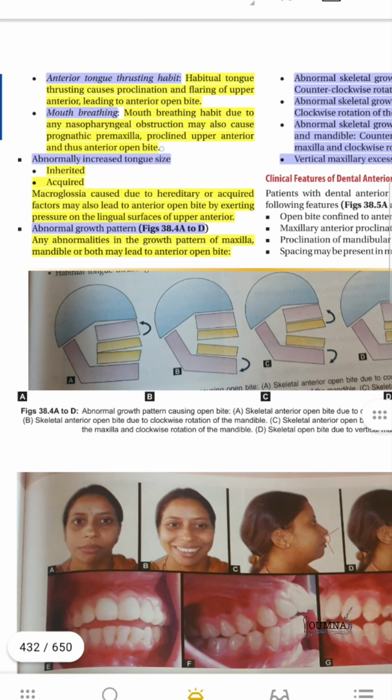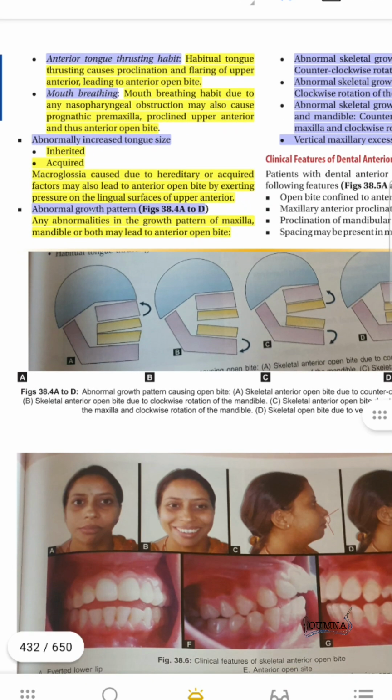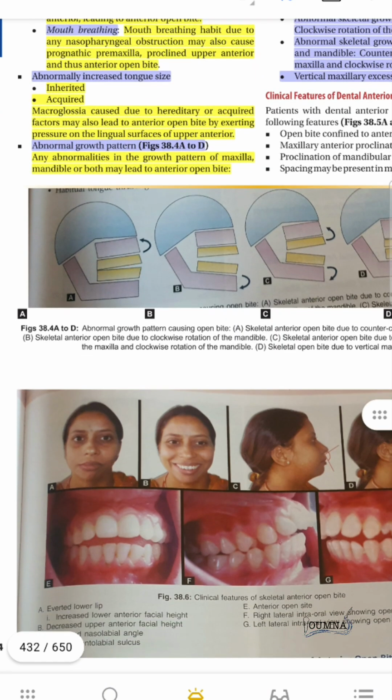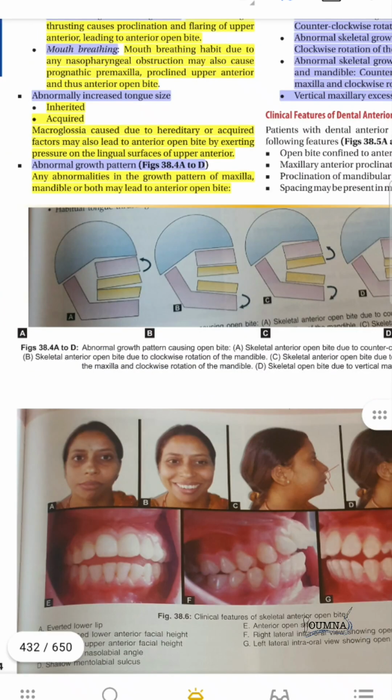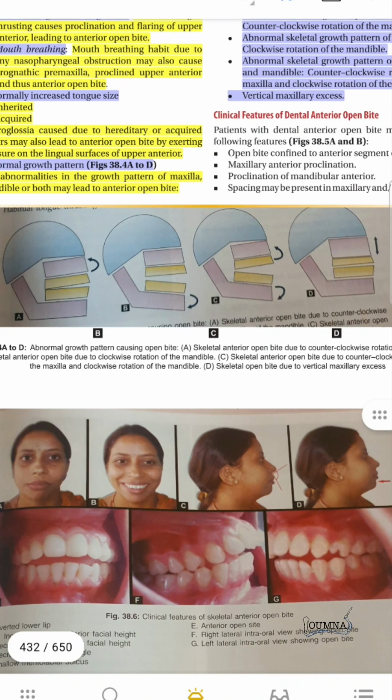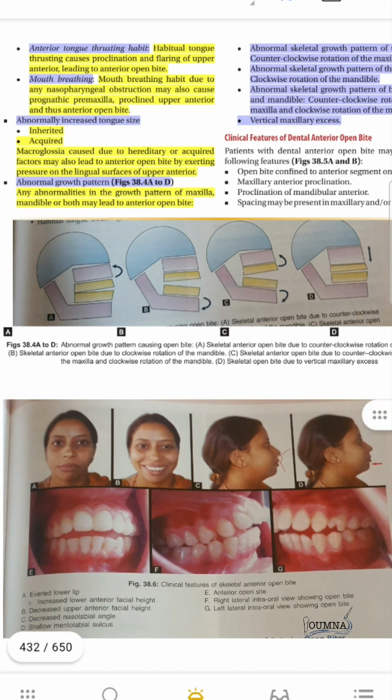For the increased tongue size, it also exerts pressure on the lingual surfaces of the upper anterior teeth. Some abnormal growth patterns of the maxilla and mandible can cause the anterior open bite.